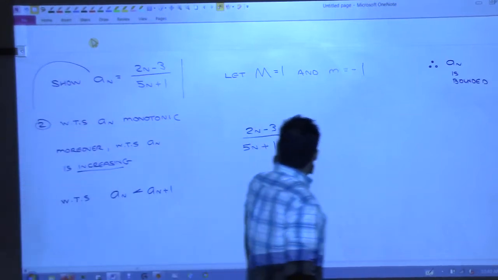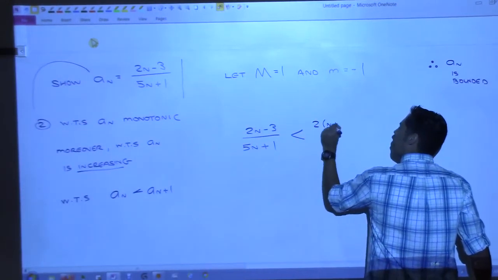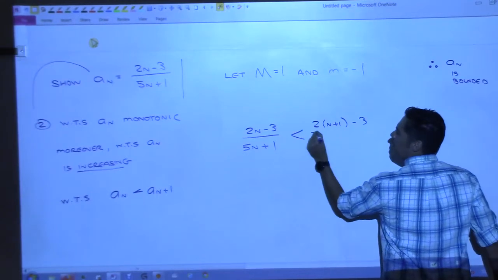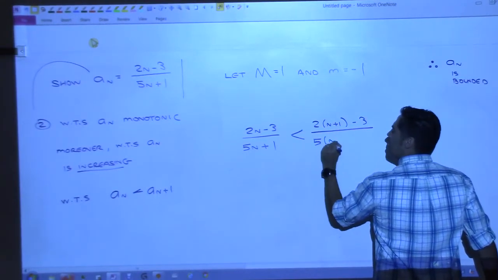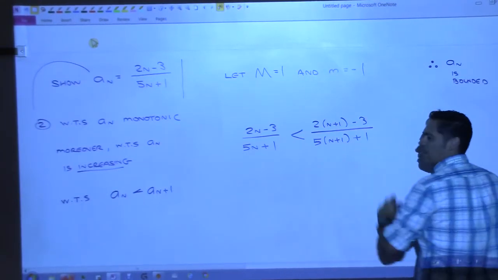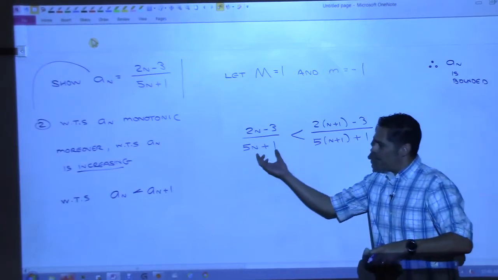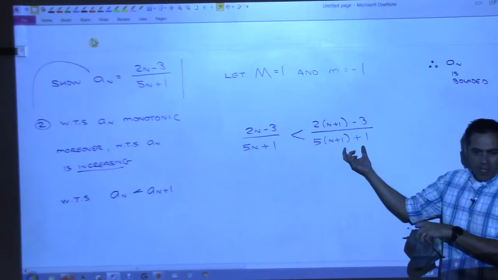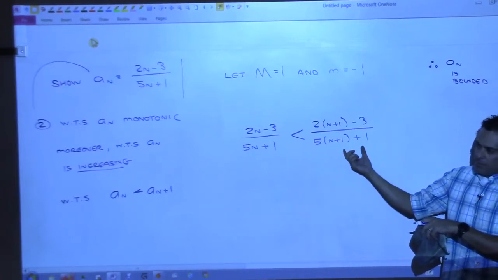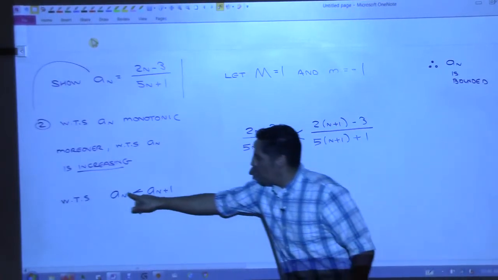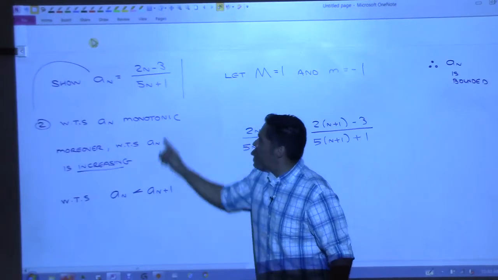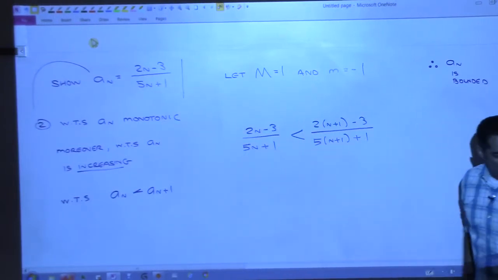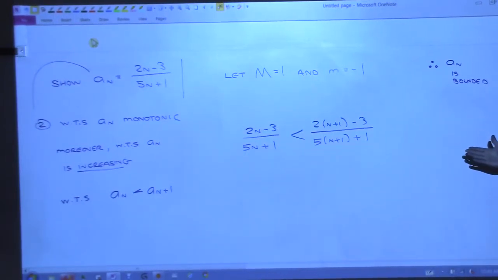So isn't that 2 times (n plus 1) in parentheses minus 3 over 5 times (n plus 1) plus 1. Do y'all see how this is like f of x, this is f of x plus 1. This is a sub n, this is a sub n plus 1. Yeah? So like if I said plug 2 into this, you plug in 2, and then this would be plugging in 3. Now, I need to show that that inequality is true.